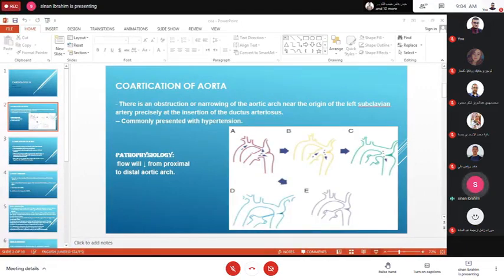So, what is the meaning of coarctation of the aorta? It means there is an obstruction or narrowing of the aortic arch, approximately near the origin of the left subclavian artery, precisely at the insertion of the ductus arteriosus.